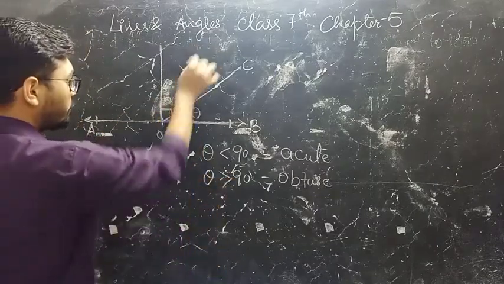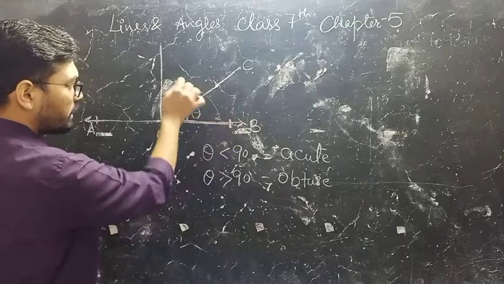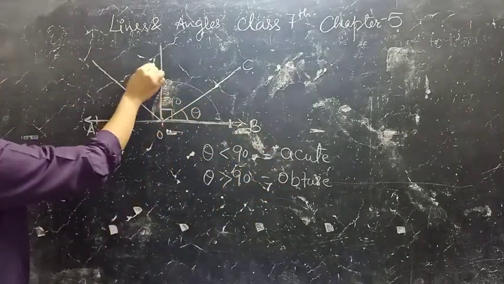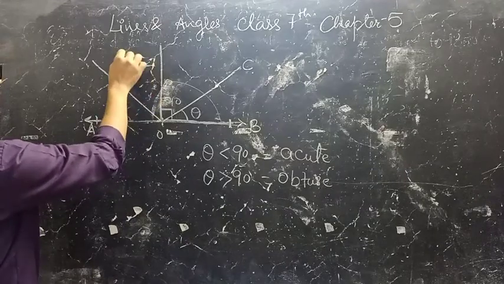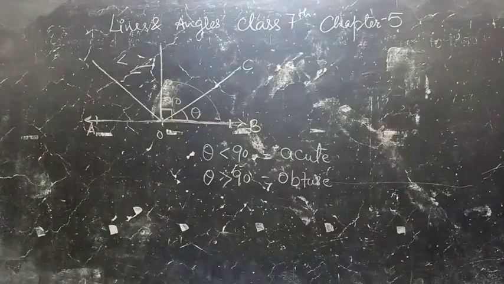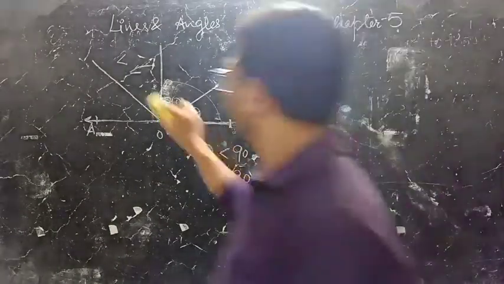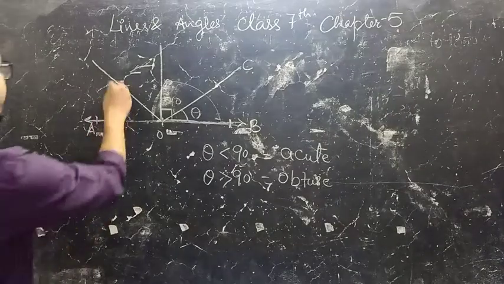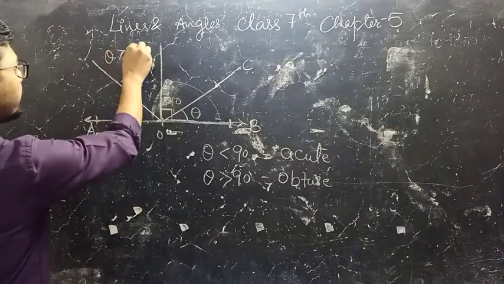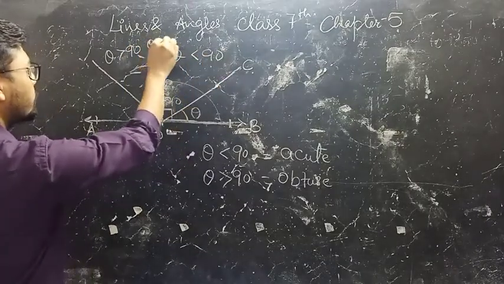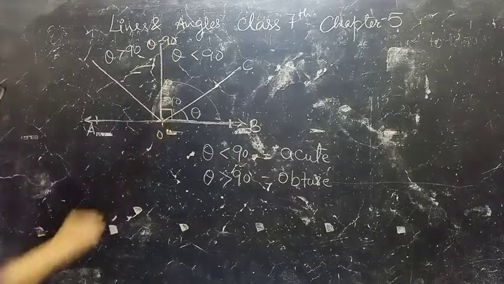Those angles which are less than 90 are acute angles, and those angles which are greater than 90, these angles are greater than 90 and these angles are less than 90. This angle is equal to 90, that is a right angle.